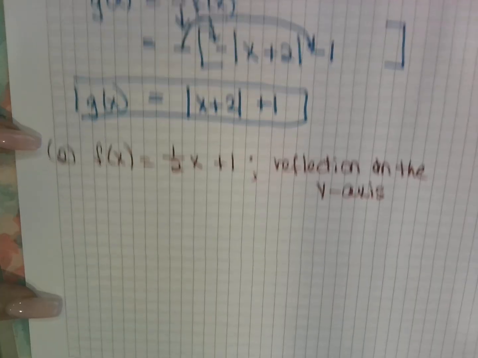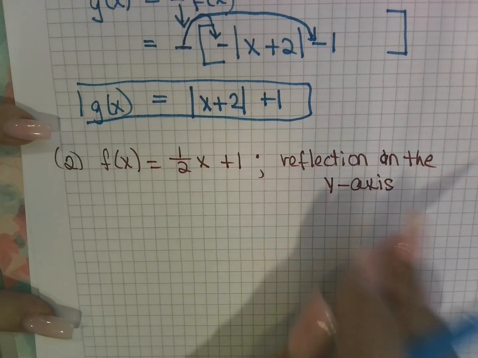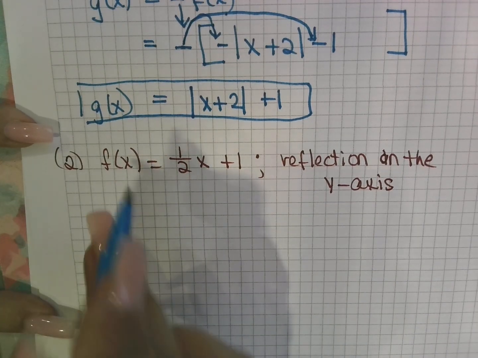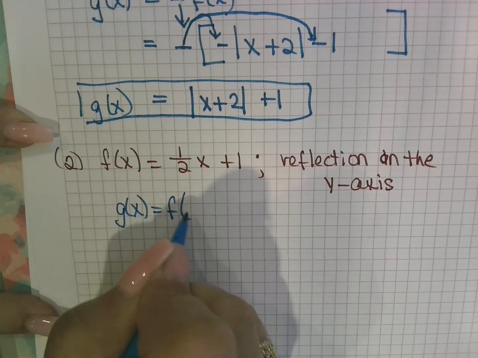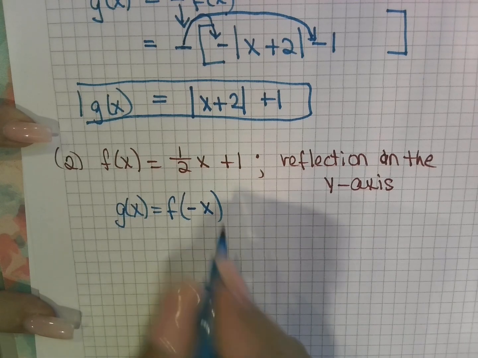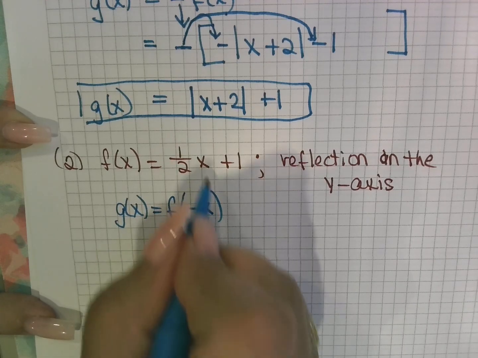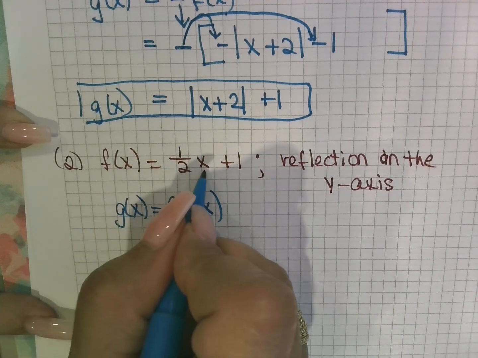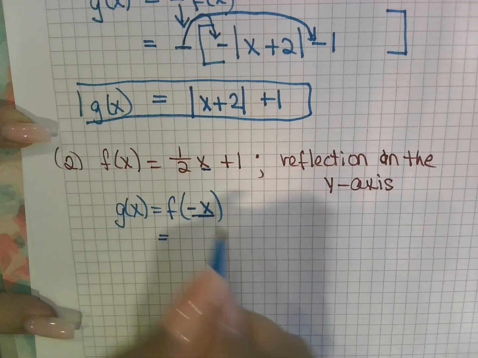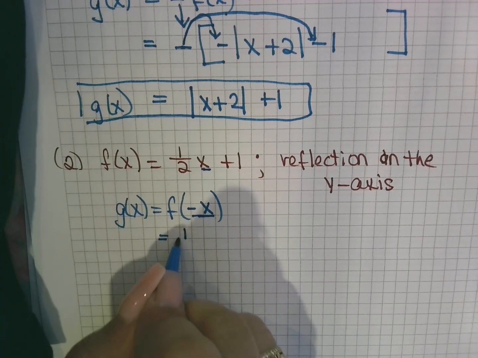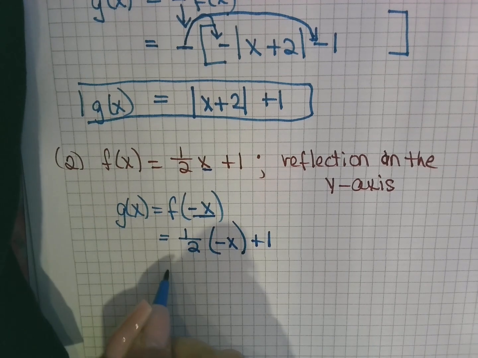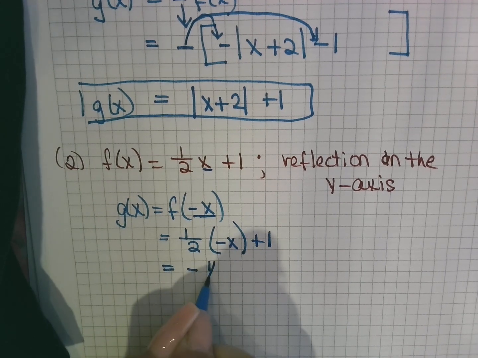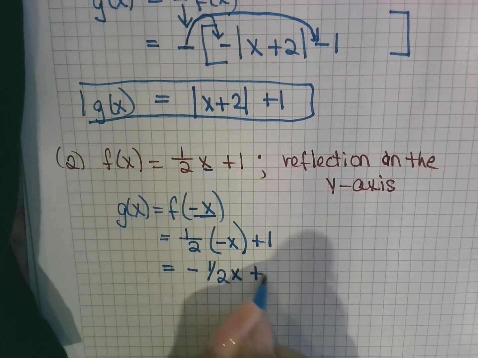All right, and if you remember, reflections on the y-axis happen inside the function, so that means g of x is going to be f of negative x. And that means that wherever there is an x in f of x, we are going to put a negative x. So this is 1/2 times negative x plus 1, and that's just negative 1/2 x plus 1.